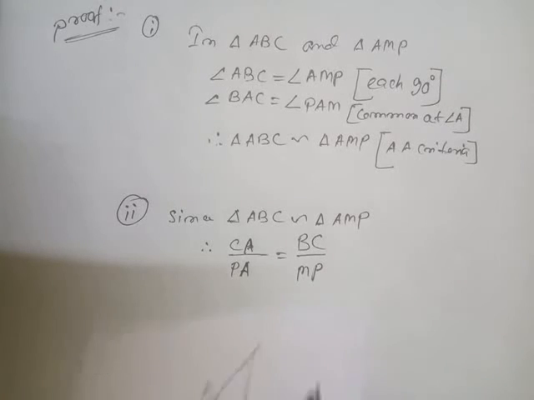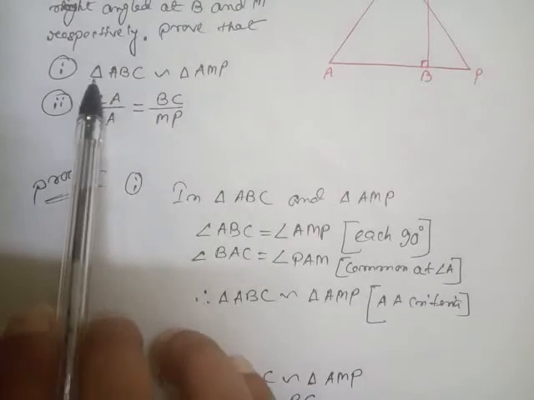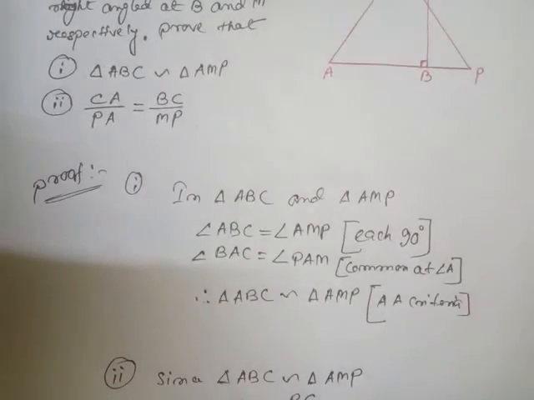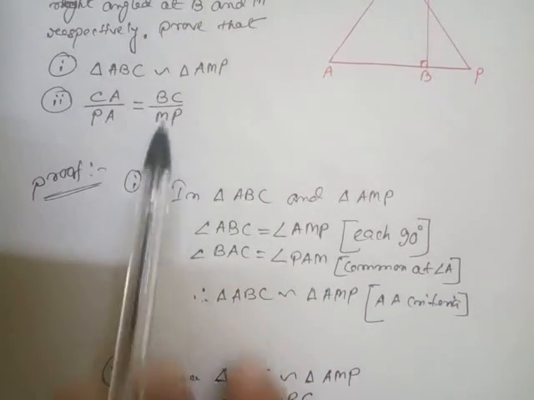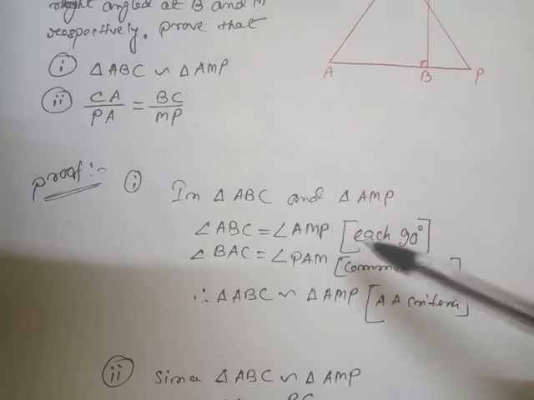But student, if in the question the Roman 1 part is not mentioned and only Roman 2 is given, then in that case we need to do the first part first, then we'll go for the second one.